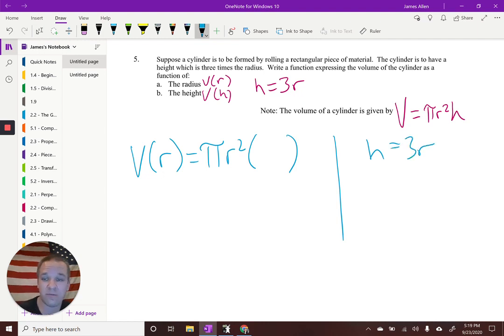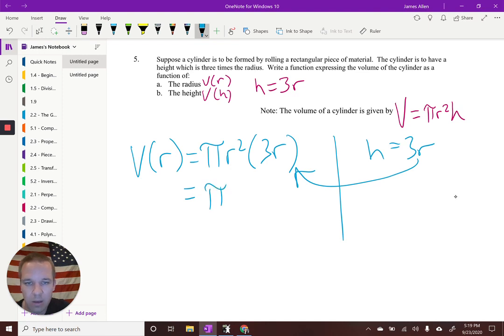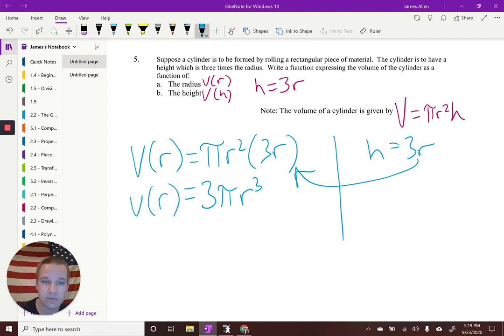Well, that's actually already solved for H, so I can just substitute that right in. 3R. So I'm left with pi R cubed, and actually I'm going to throw the 3 in front: 3 pi R cubed. Really, you can have these in any order because it's multiplication, but I think that probably looks best. So that's our volume as a function of the radius.